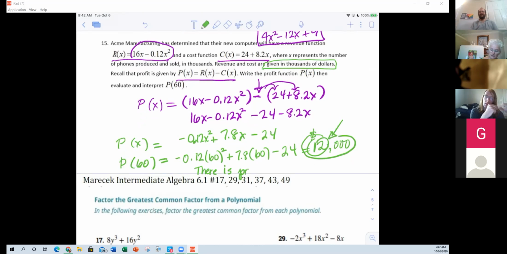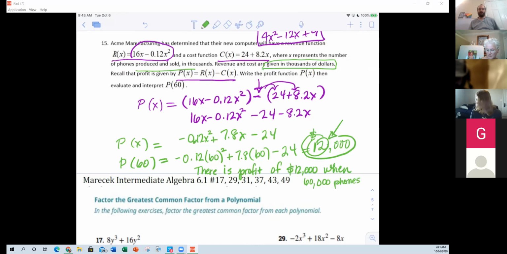There's a profit of $12,000 when what? 60,000 phones are sold. Yes, when you sell 60,000 phones, right? X is the phones produced and sold in thousands. So I'd say 60,000 phones are produced and sold. If you said sold, that would be okay.